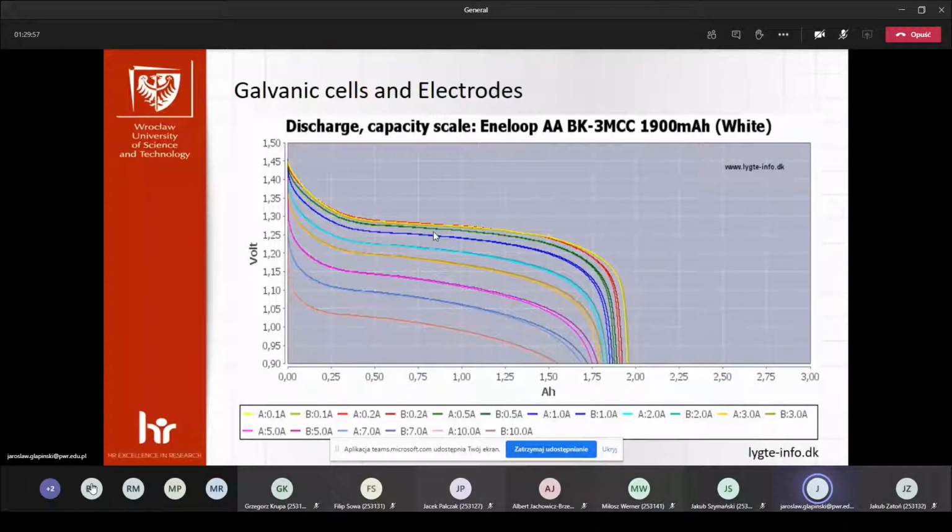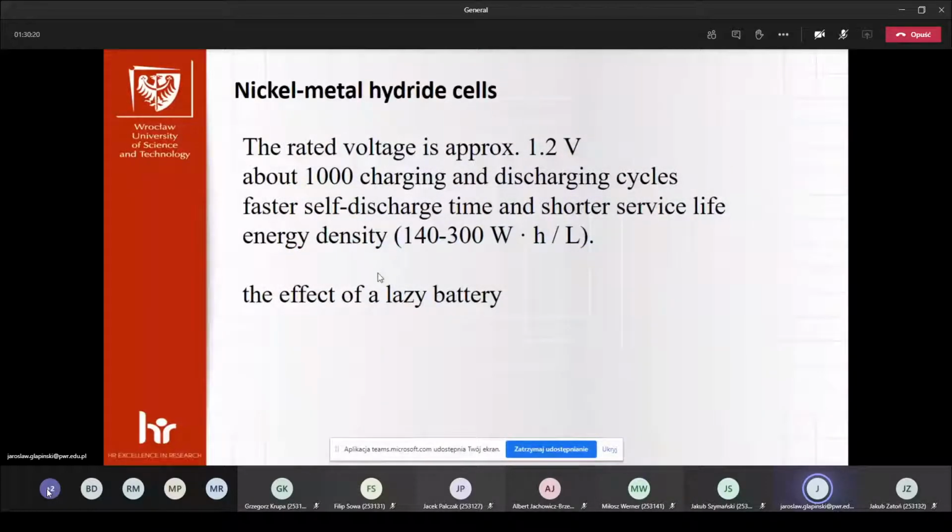So for devices which use more current, it's better to use nickel cadmium accumulators, and for devices which do not need so much current and need more capacity of the elements, we can use these nickel metal hydride batteries.